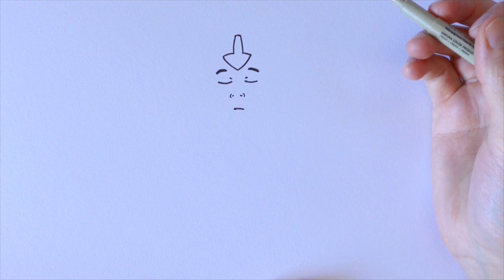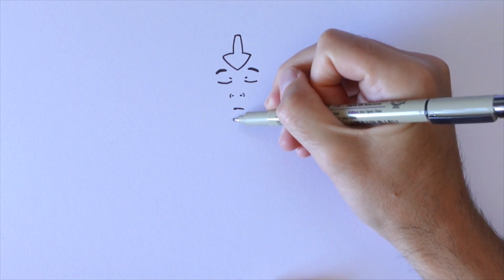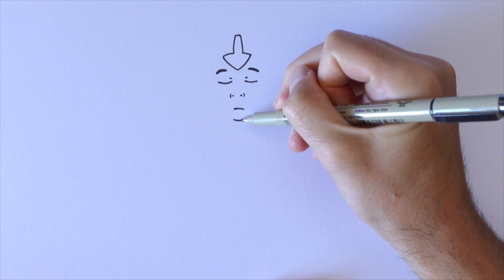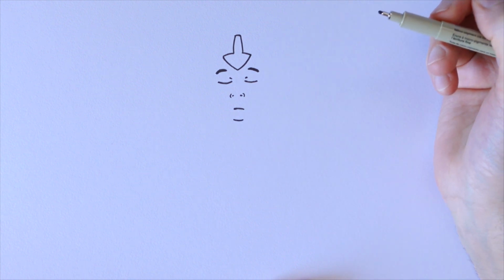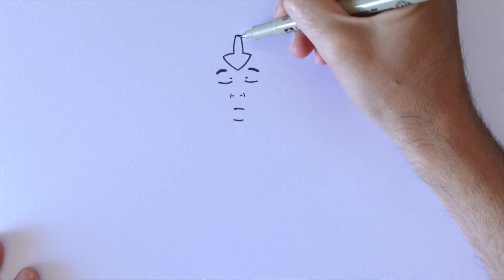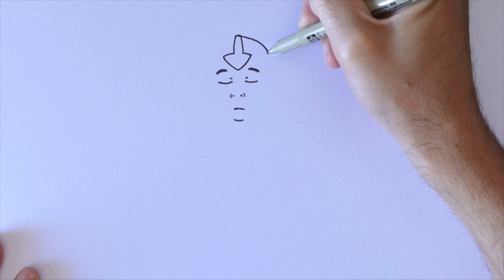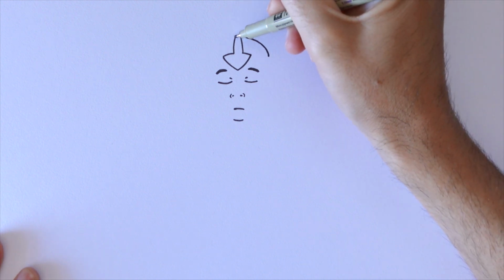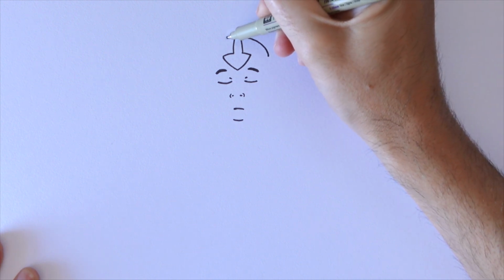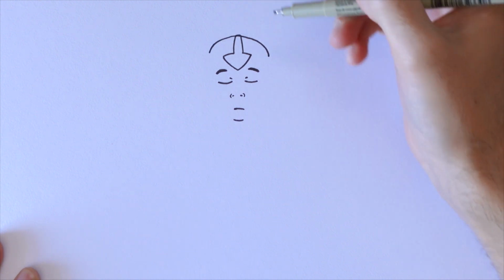And I like to go ahead and mark the bottom of the head as well. So that way, when I close off the shape of his head, I have a place to meet those lines at. So now we're going to start at the top of that arrow and start to drag it out while we are curving it. I like to start on the next side before I start to bring it down, just to make sure that I'm keeping everything symmetrical.